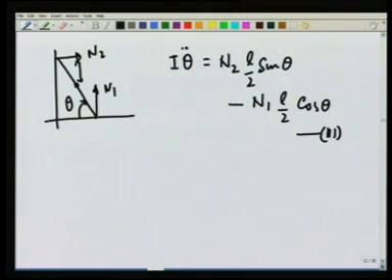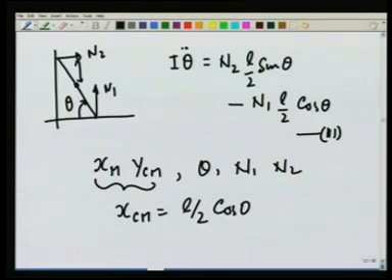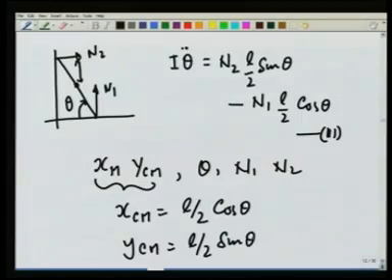So, I have 3 equations, but the unknowns seem to be more: x cm, y cm, theta, n1 and n2. However, x cm and y cm are not independent, because as we saw, x cm is equal to L over 2 cosine of theta, and y cm is equal to L over 2 sine of theta.